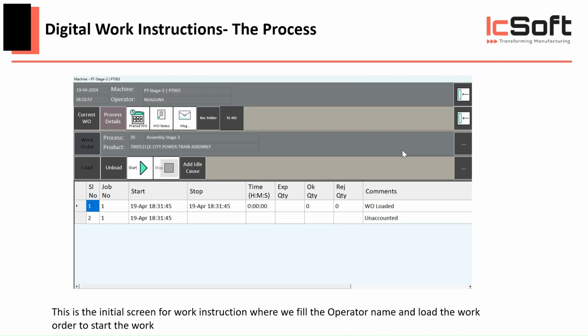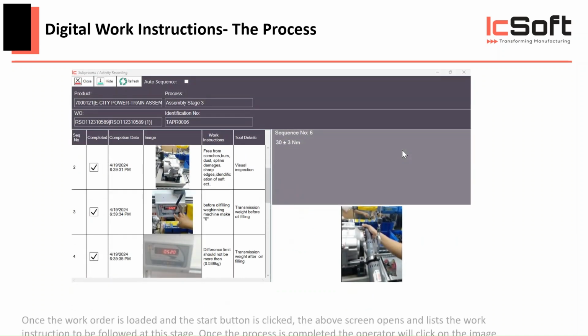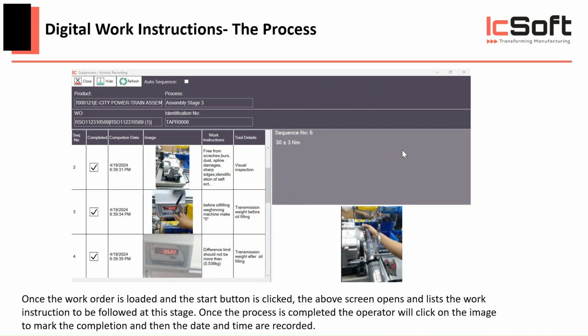As soon as we load the work order to start the work, the list of work instructions to be followed at this stage for this particular process appears here on the left hand side, which the operator keeps on checking.